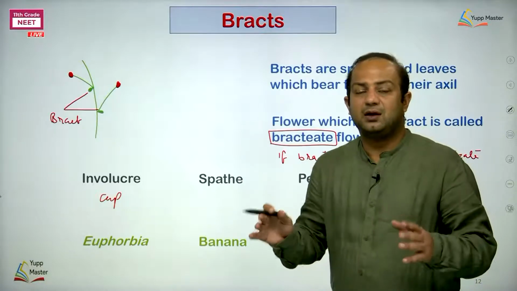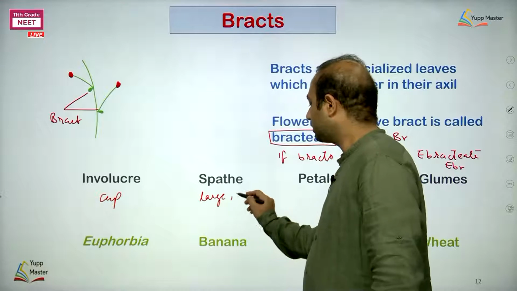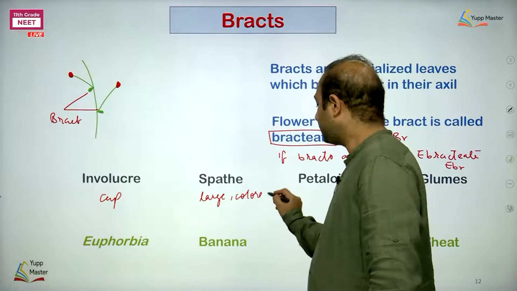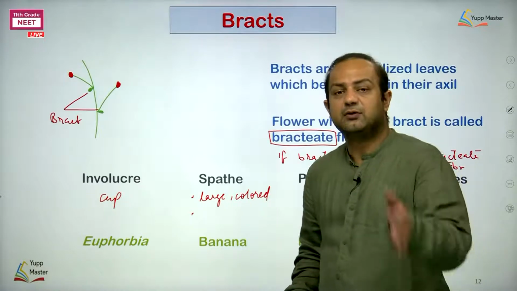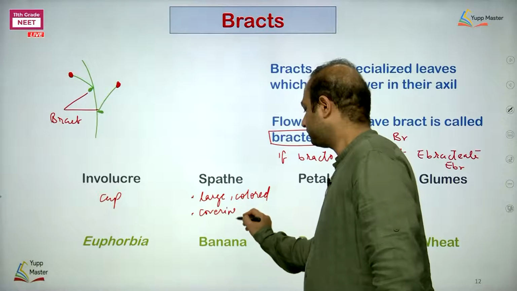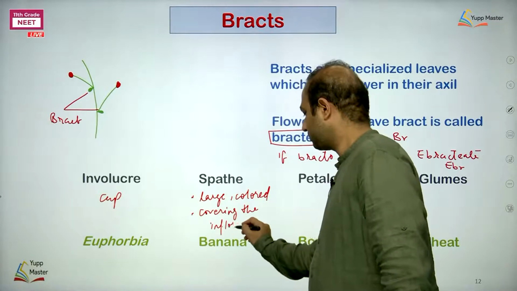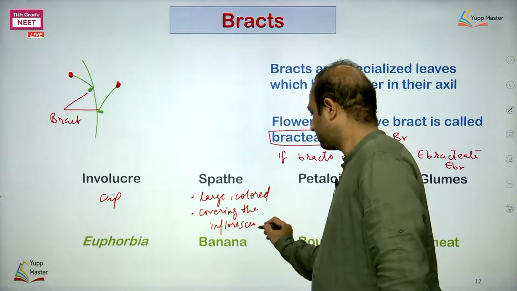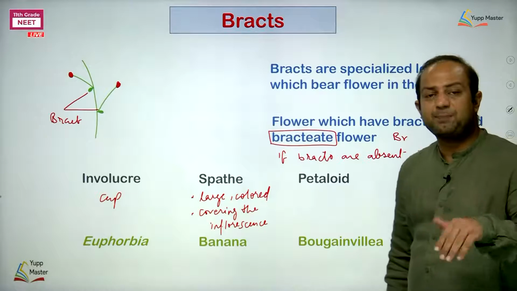Spathe is what? The large colored bract, and the other thing about it is that it was covering the inflorescence. Petaloid means which is appearing as petal.